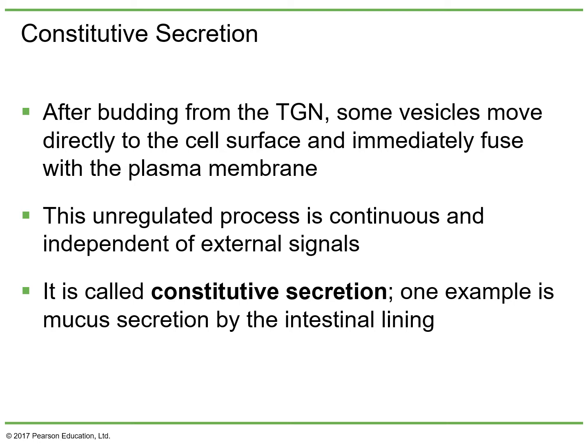This is an unregulated process. It is continuous and independent of specific extracellular signals. An example of this would be the continuous release of mucus by cells that line your intestine.